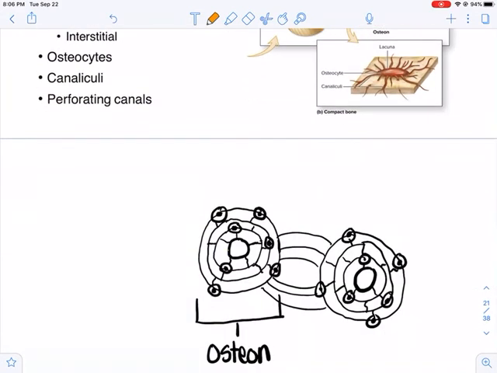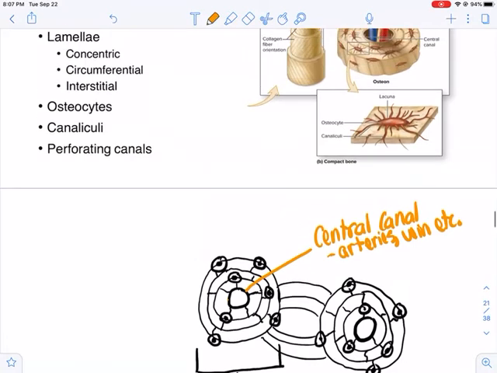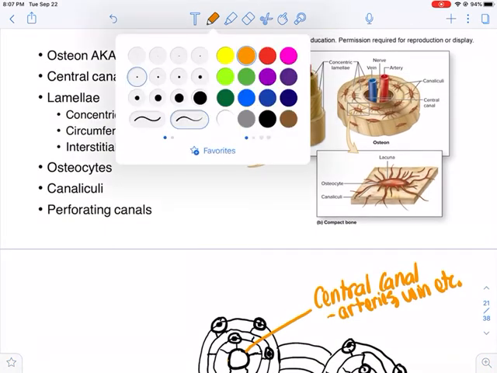So first, let's start with the central canal. Well, that's pretty easy. It's right smack dab in the center. I'm going to draw it on this side. So we have our central canal, and it's going to have all your arteries, veins, supplies, etc. It's going to help nourish the osteon.